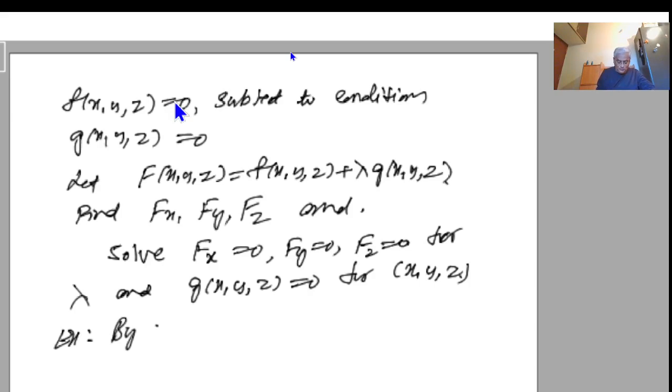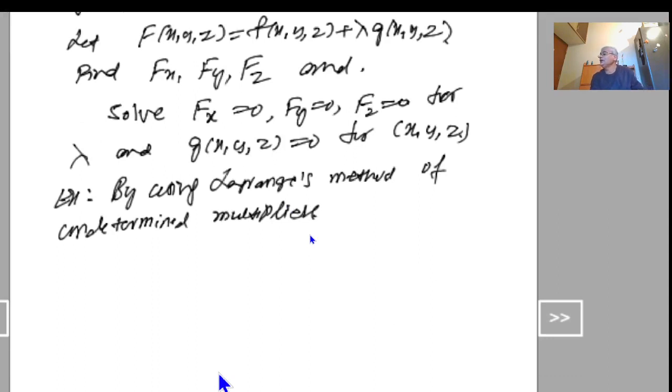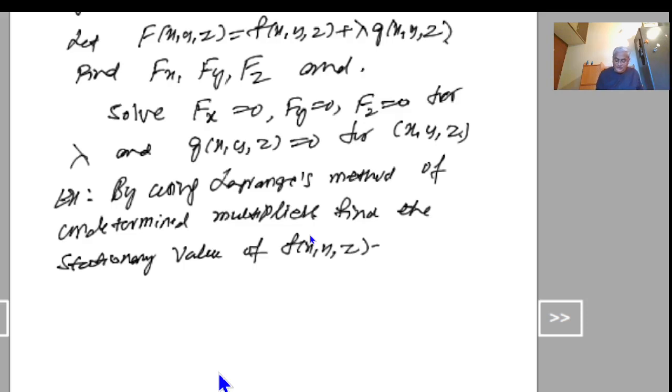By using Lagrange's method of undetermined multipliers, find the stationary value of the function f of x y z equal to x square y cube z to the power 4, subject to the constraint.